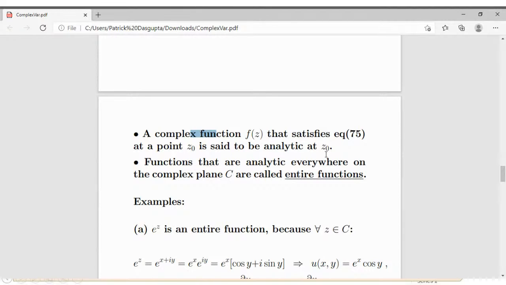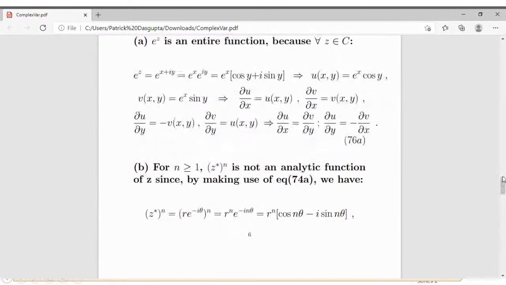While there is another class of functions which are analytic everywhere on the entire complex plane C. Stated differently, entire functions are complex functions for which df by dz exists everywhere on the complex plane. Let's consider some examples.